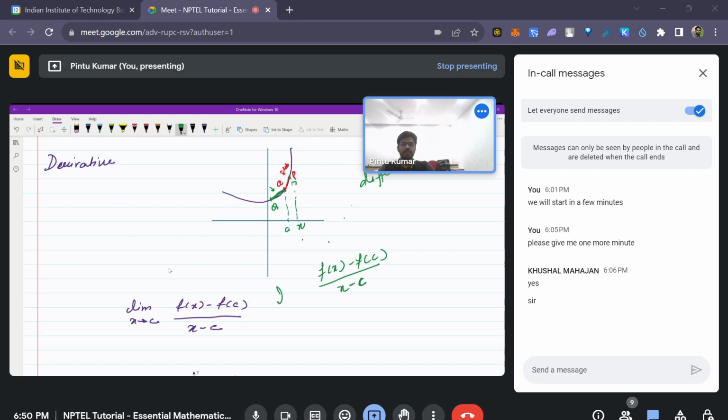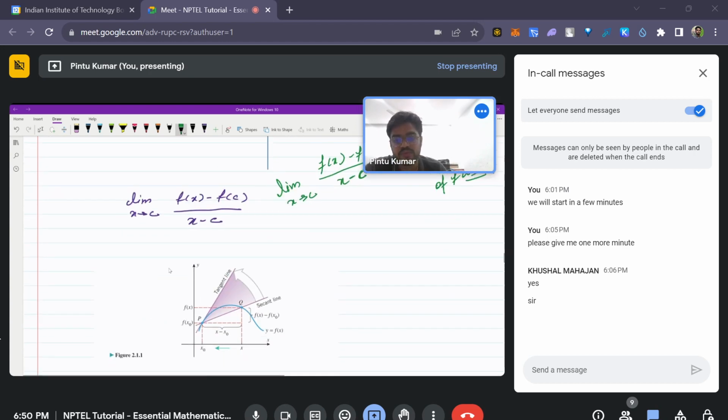And if I take the limit x tends to c, that means I am coming from the right hand side also and from the left hand side also. And if this exists, then that is called the differentiation or the derivative of f at point c. Okay. So this is the idea behind the derivative.